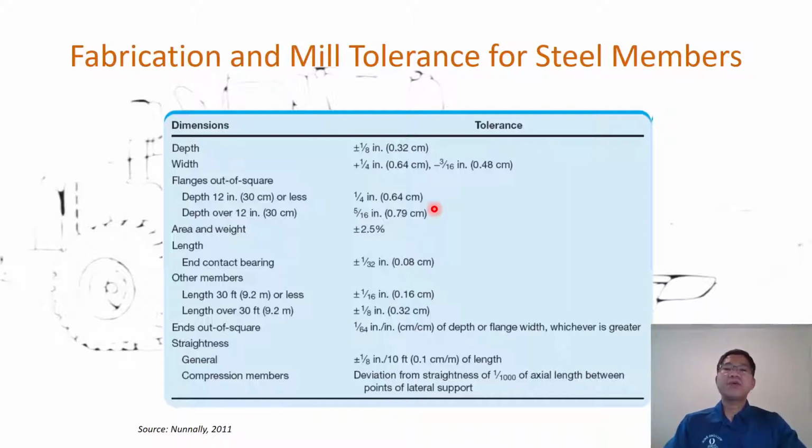And similar for other tolerances. So if the fabricated structure exceeds that tolerance, it can be rejected. And of course, the designer can specify the tolerances for the structure used in your project.